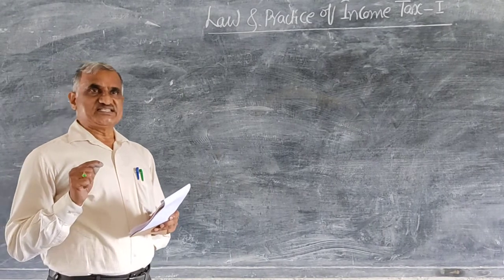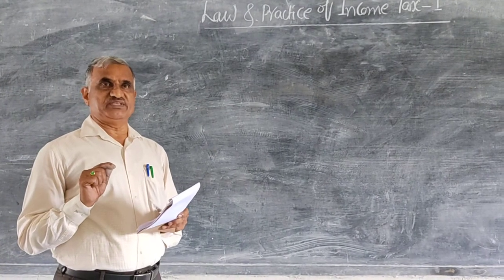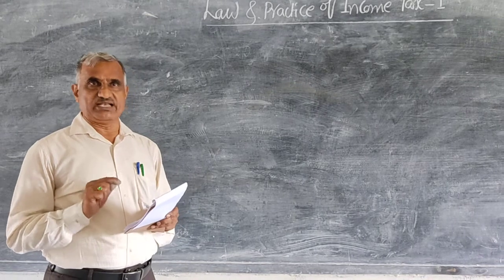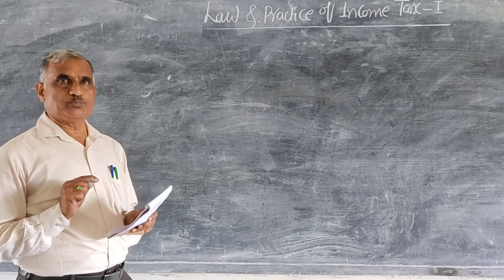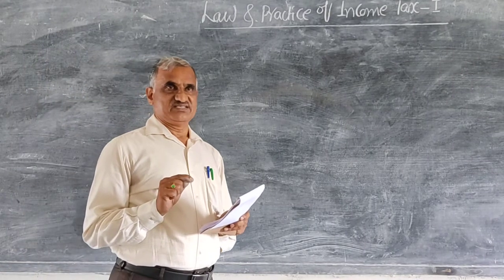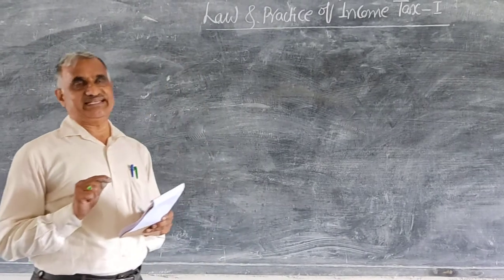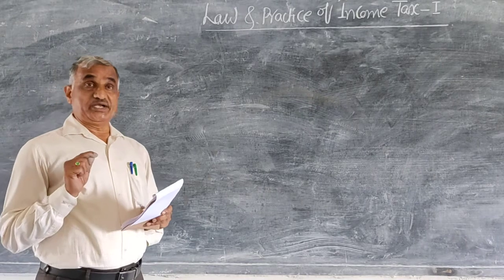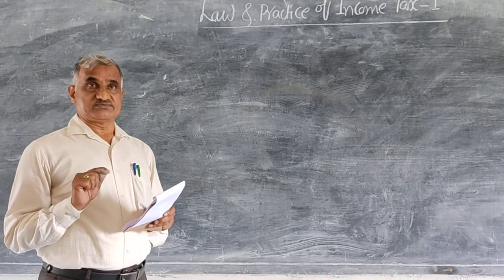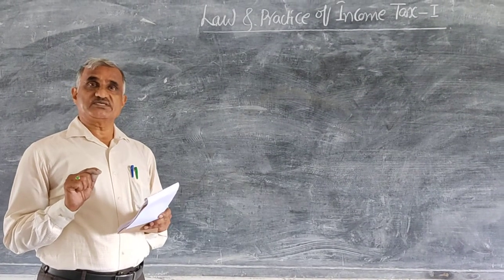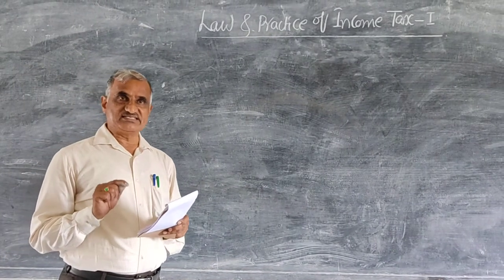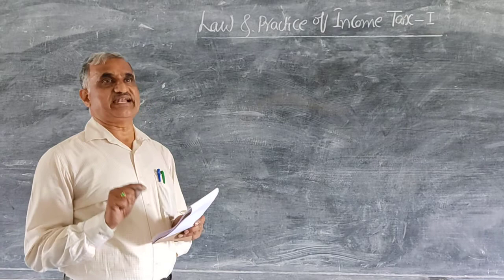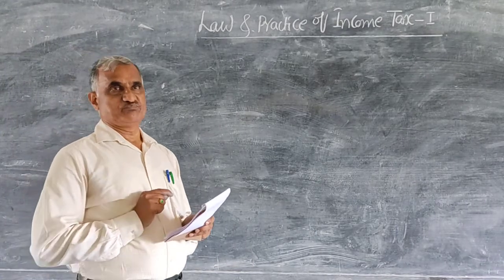Here, the responsibility of implementation of the Income Tax Act 1961 is vested in the hands of the Central Board of Direct Taxes, simply called CBDT. So, the authority to frame rules for the purpose of implementation of the Indian Income Tax Act 1961 is given to the Central Board of Direct Taxes, that is CBDT.